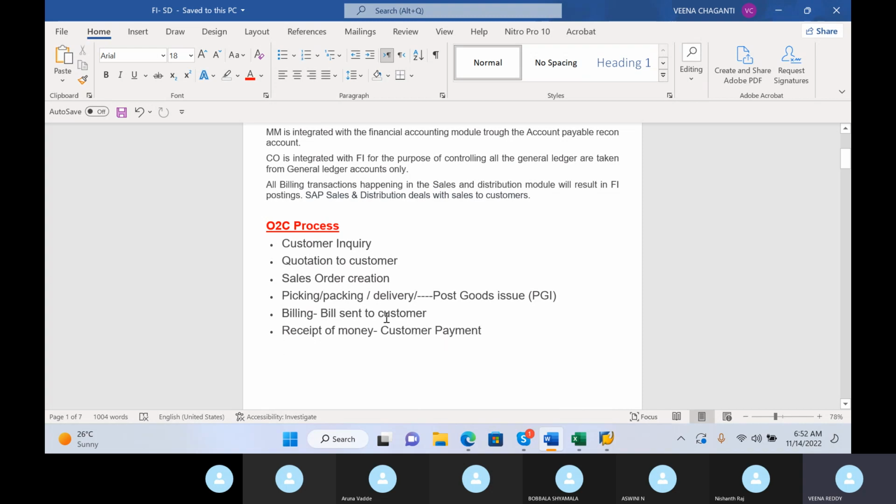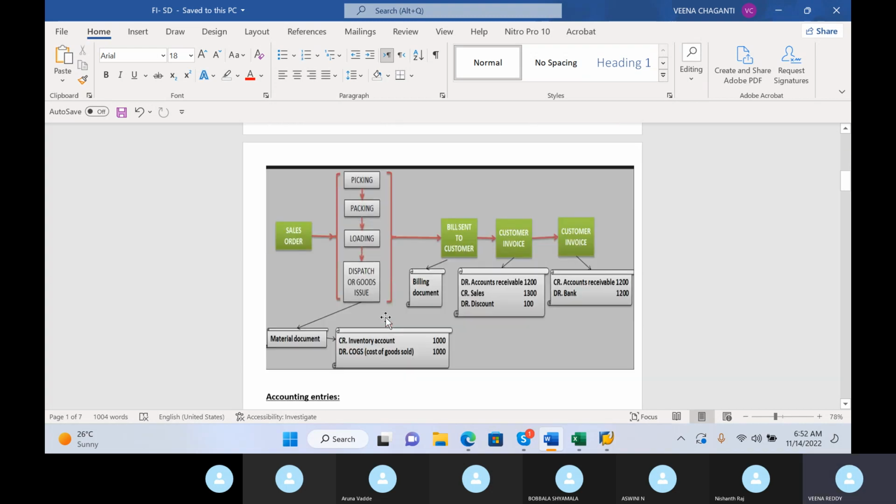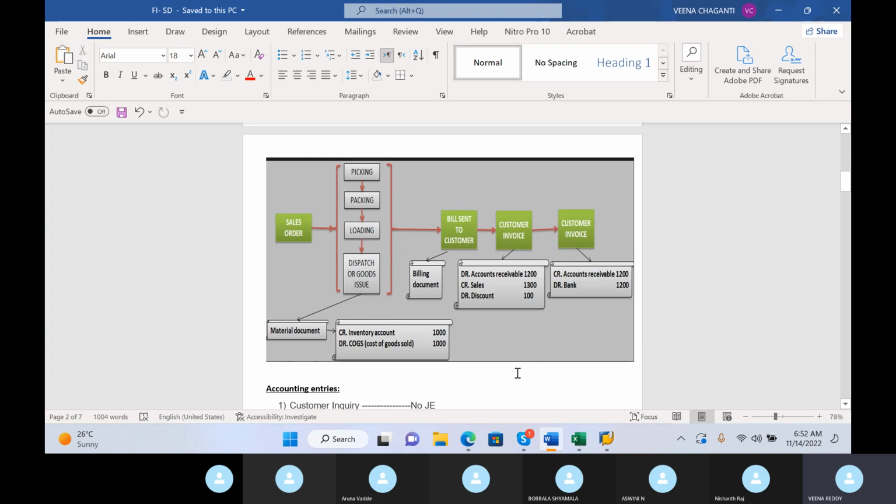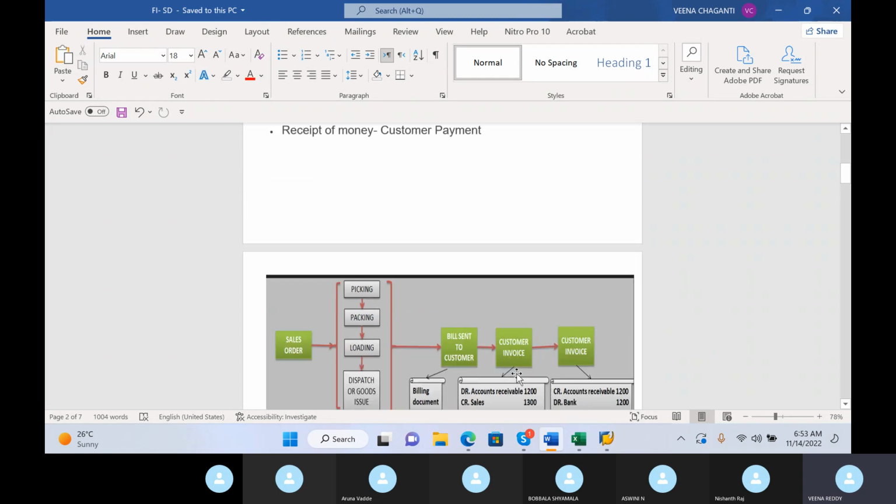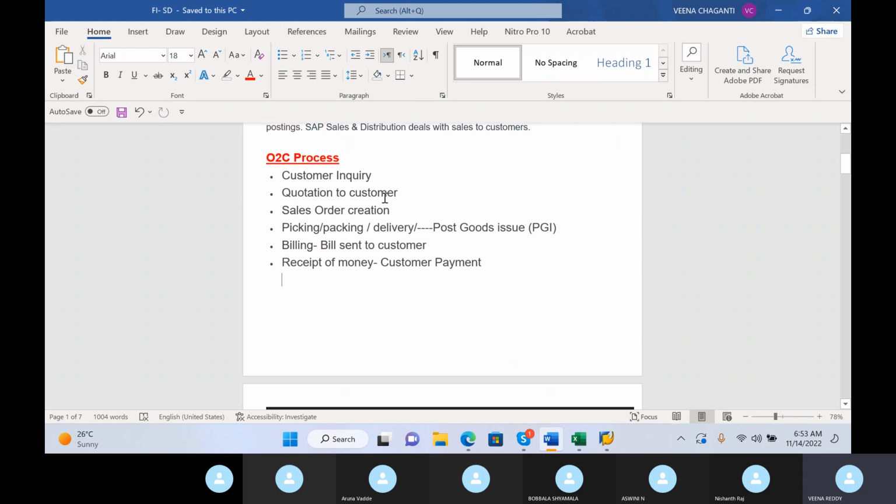What is the customer inquiry? The customer, for the product he needs, will first inquire with some vendors who can give the required product. For that he will inquire regarding the product. Then, quotation to customer.